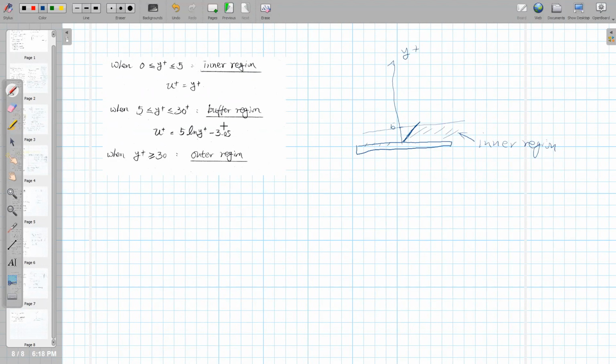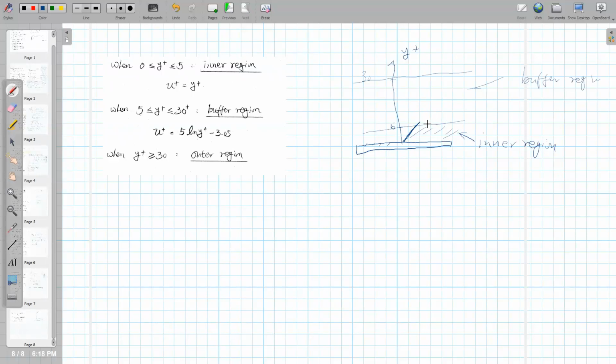It is derived from theory, the so-called log velocity region. I won't give you details, but if you take a physics class you can learn about it. For y plus between 5 and 30, we call this region the buffer region.